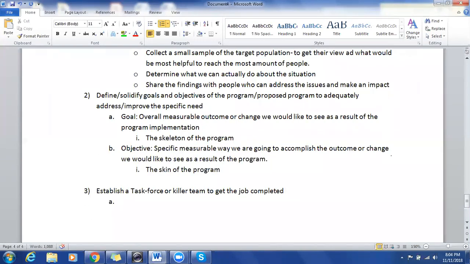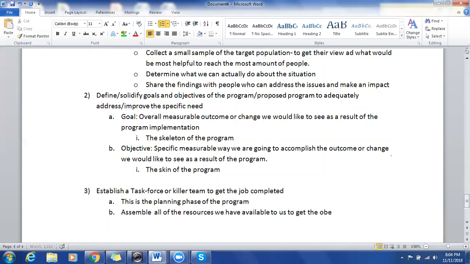And with that, we need to keep in mind that this is the planning phase of the program. So with the planning phase, we assemble all of the resources we have available to us to get the objectives completed.